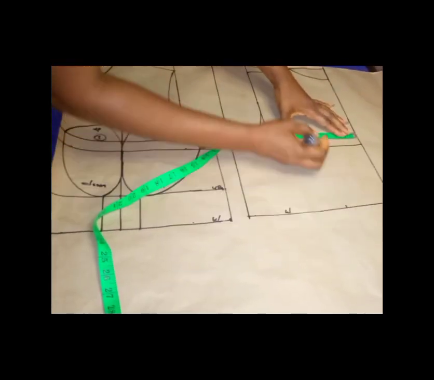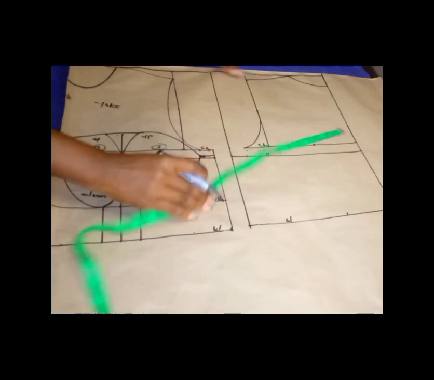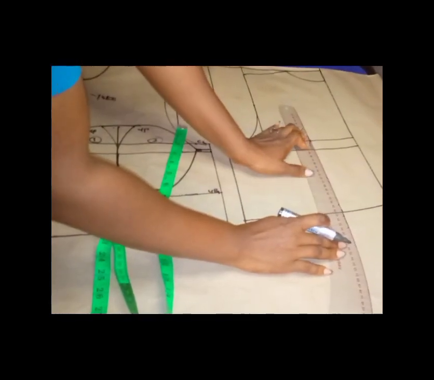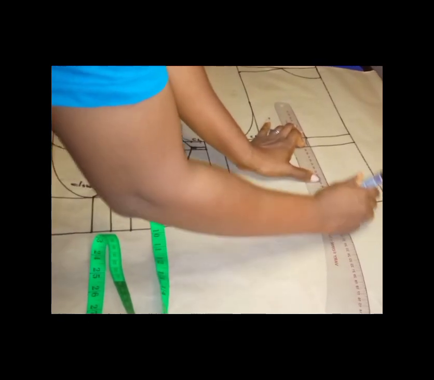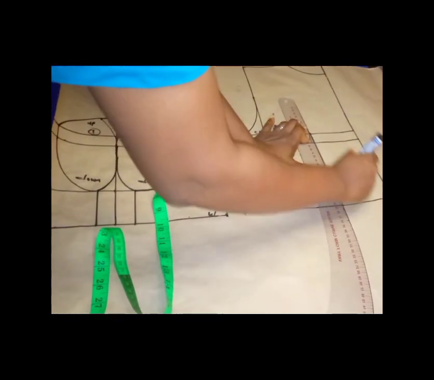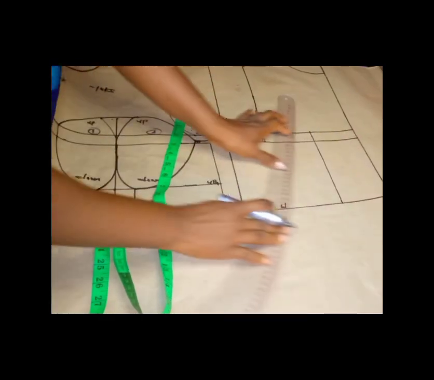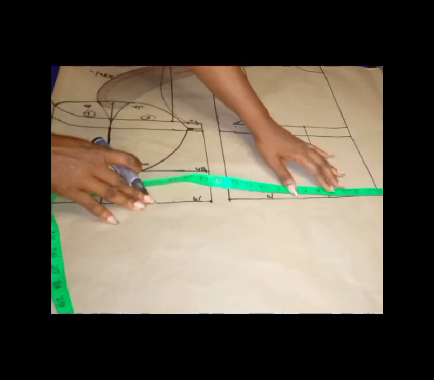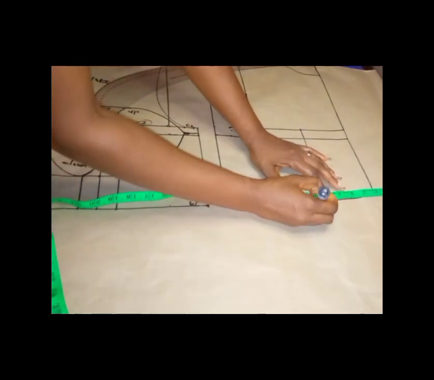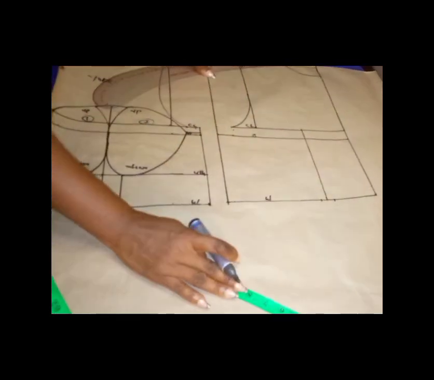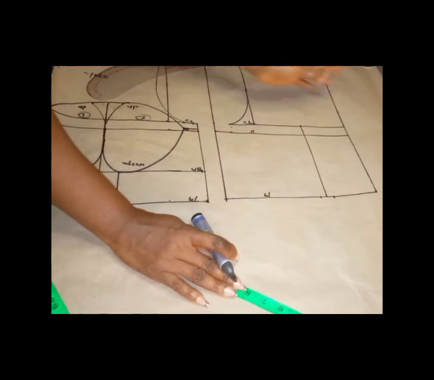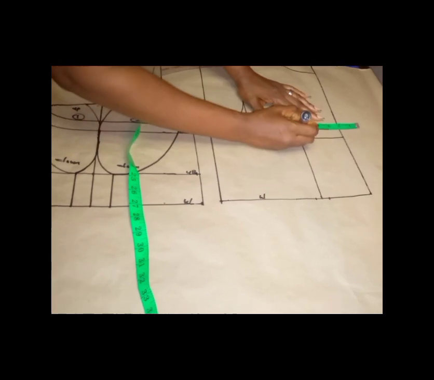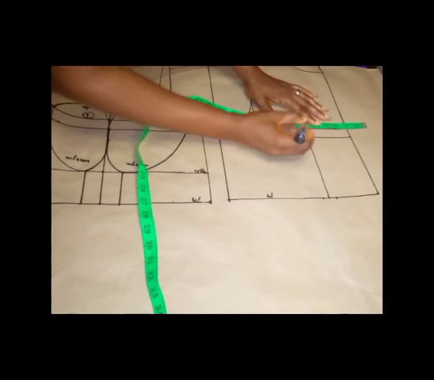What I'm doing here, I divided again my bust span by 2, and I'm connecting straight to the chest line. I said this is going to have a modesty panel.